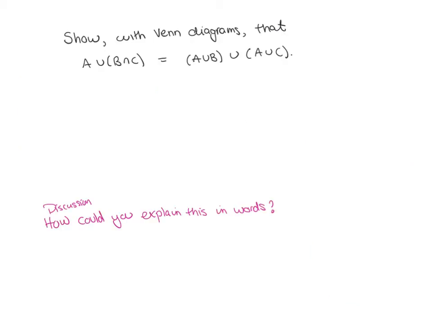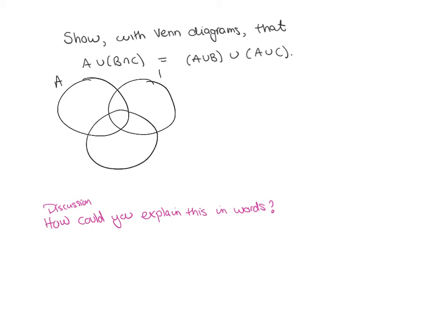Okay, finally, let's look at Venn diagrams for these two different sets here and see if we can show that they're equal by considering those Venn diagrams. So let's go ahead and draw that a little thinner. I can draw my basic Venn diagram, A, B, C. And I want to look at A union B intersect C. So I know that B intersect C is going to be this region here.